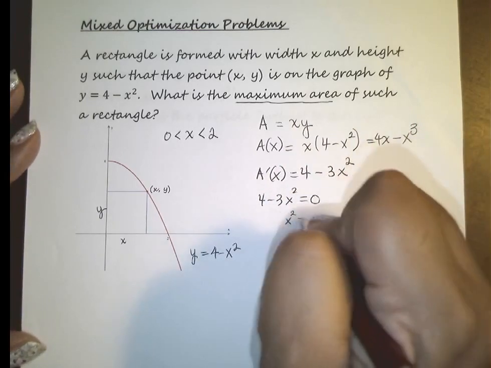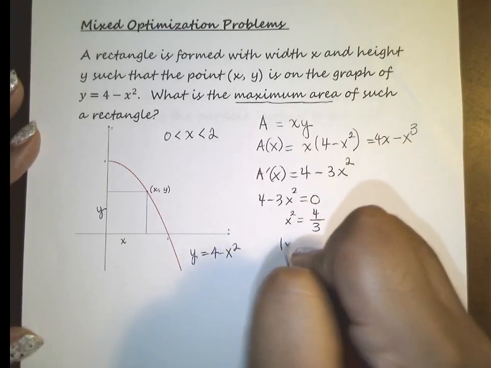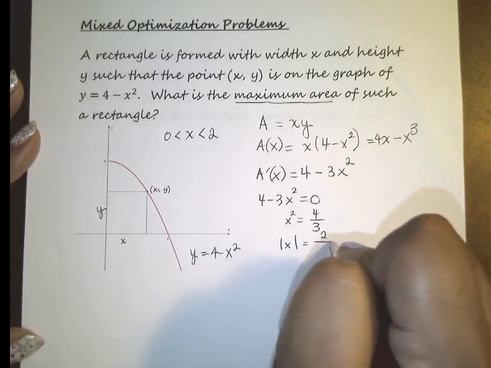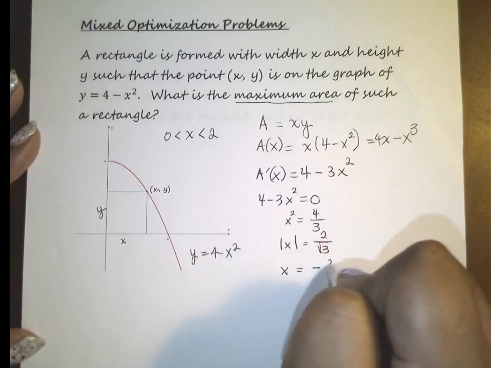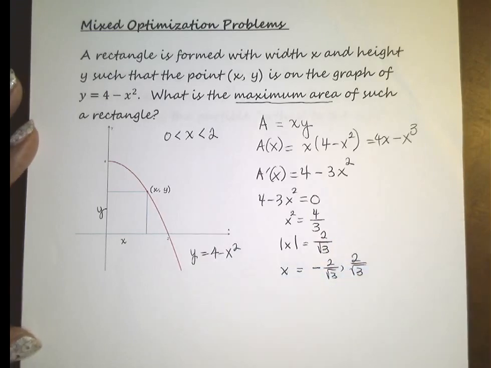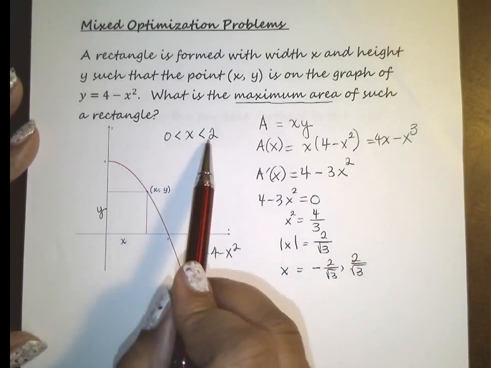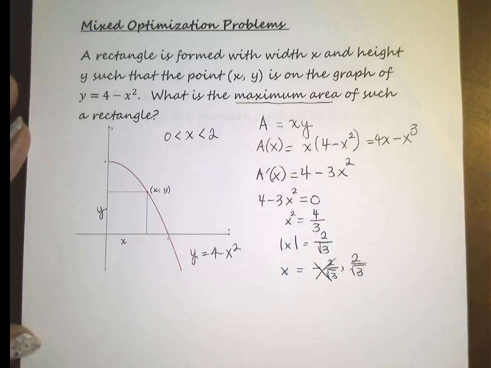X squared is equal to 4/3, which means the absolute value of x is equal to 2 over the square root of 3, so x is either negative 2 over the square root of 3 or positive 2 over the square root of 3. But remember that x is limited to be between 0 and 2. So I can ignore the negative solution since it's not in the realistic domain for my problem. So I have one critical point: 2 divided by the square root of 3.